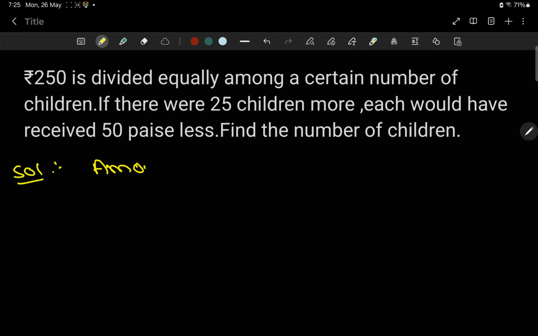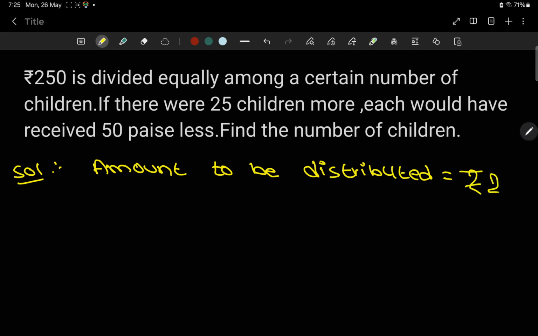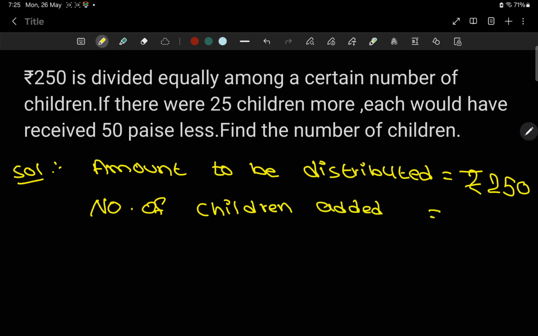Amount to be distributed is equal to rupees 250. Number of children added is equal to 25 children.